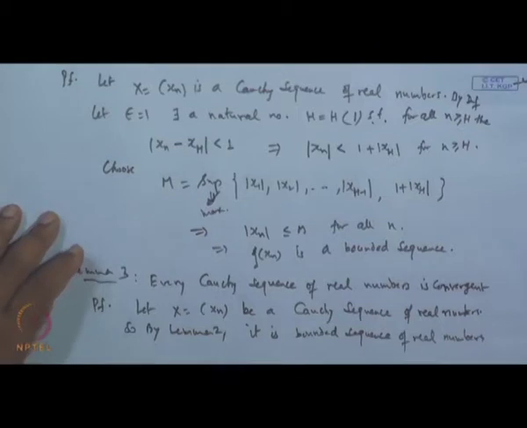And the Bolzano-Weierstrass theorem says, if a sequence is bounded, then it must have a convergent subsequence.